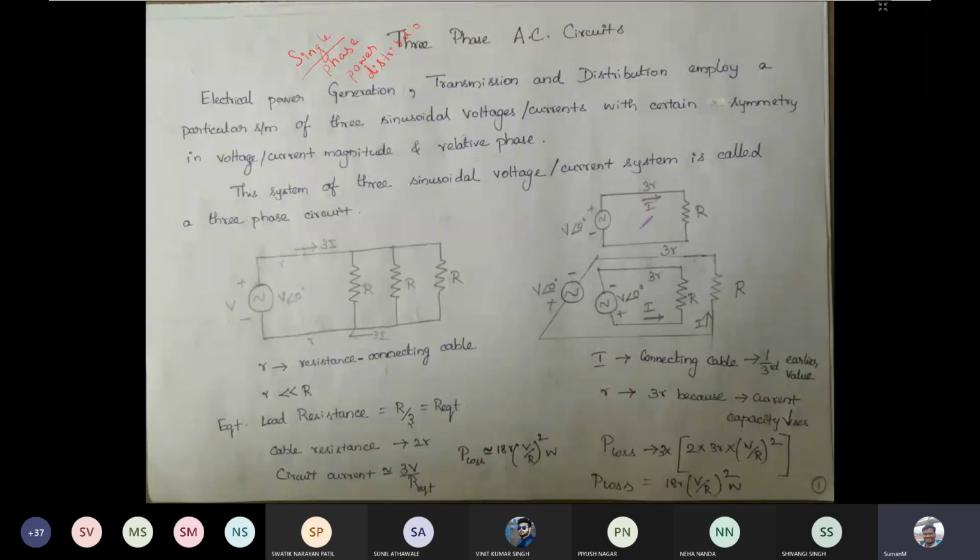After you split, the cable connecting the generating station and the load, which earlier had a resistance of R, can now be reduced in size. Let's say a cable needs to carry X amount of current.